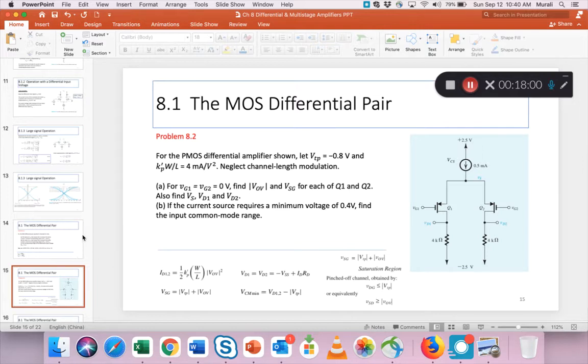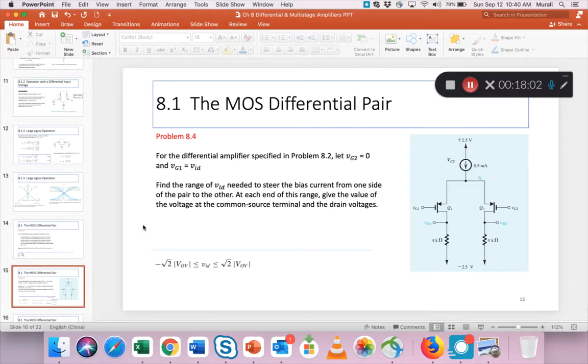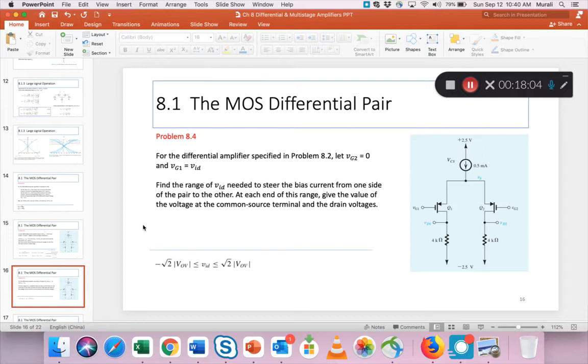Now, I think the next problem, hold on, let me just check. Yeah, so the next problem also is about the PMOS. And here, it's not common mode anymore. So here what we are doing is Vg2 is grounded.